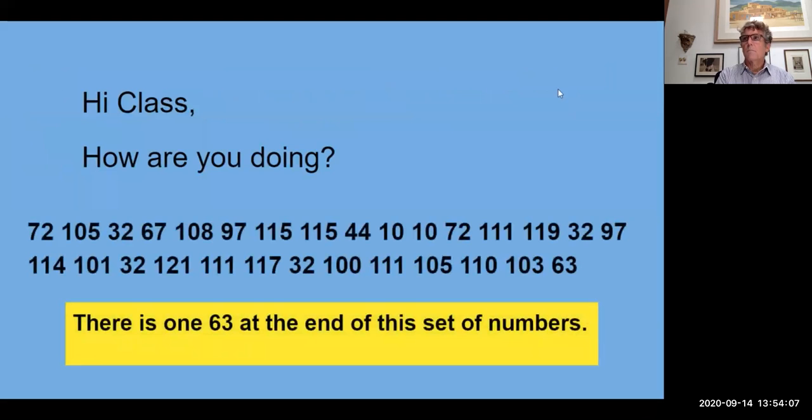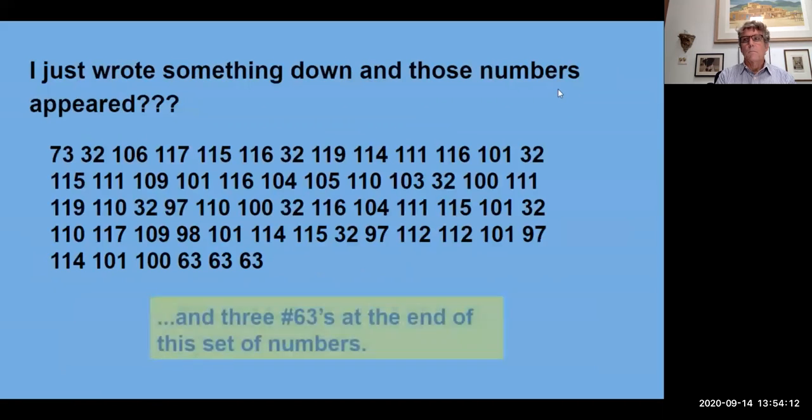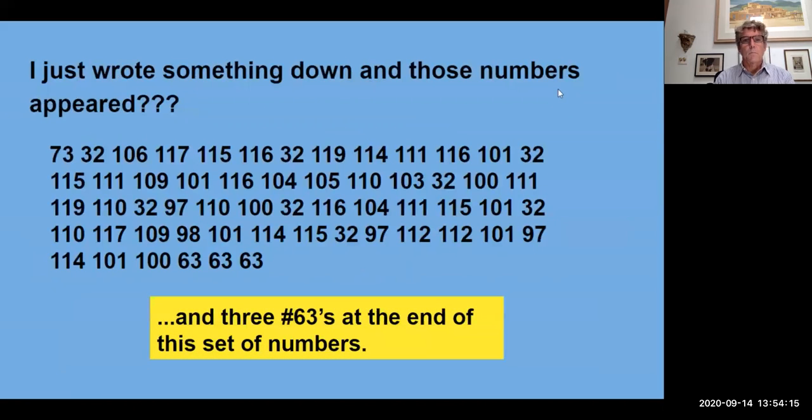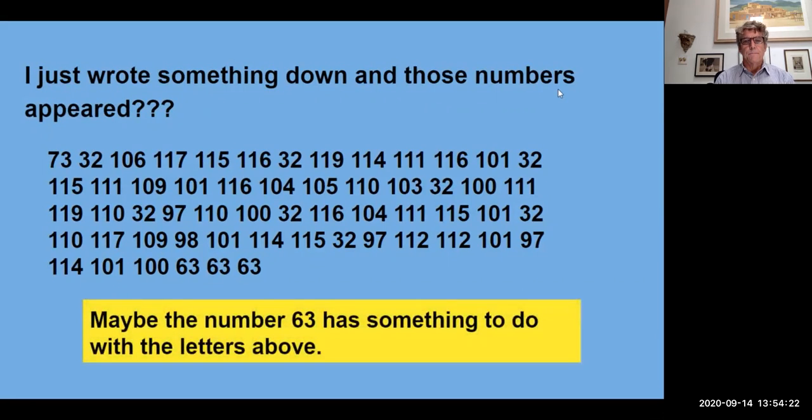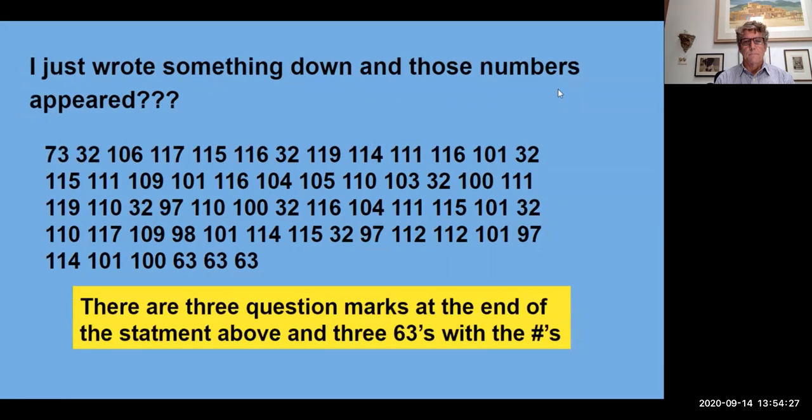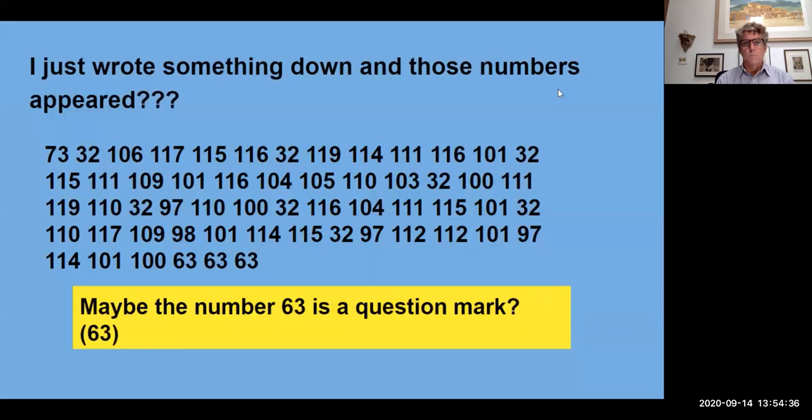There's 163 at the end of this set of numbers. and 363s at the end of this set of numbers. Maybe the number 63 has something to do with the letters above. There are 3 question marks at the end of the statement above and 363s with the numbers. Maybe the number 63 is a question mark? 63.